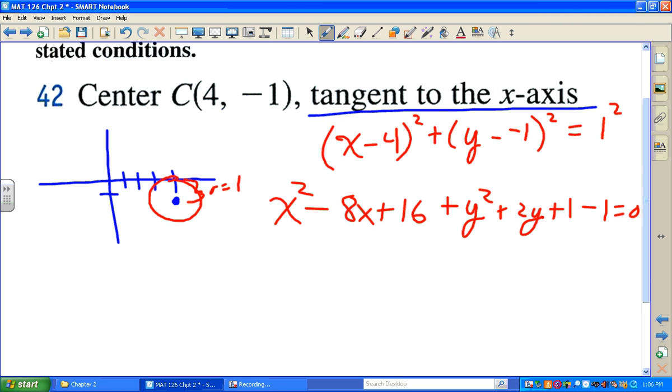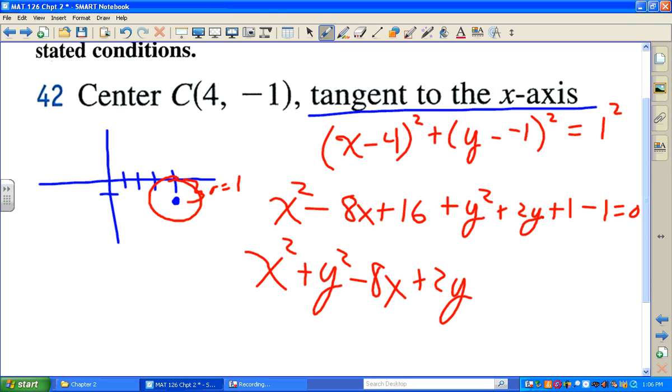I think they put the squared first, the more I think about it. I'll go x squared plus y squared minus 8x. I think powers trump variables. So I think 2 trumps the x. It's been a while. Plus 2y. 16, 17 minus 1 is 16.